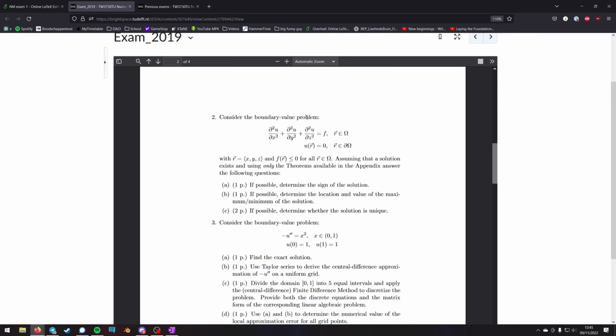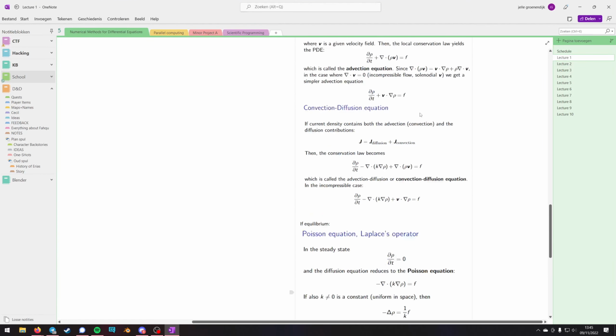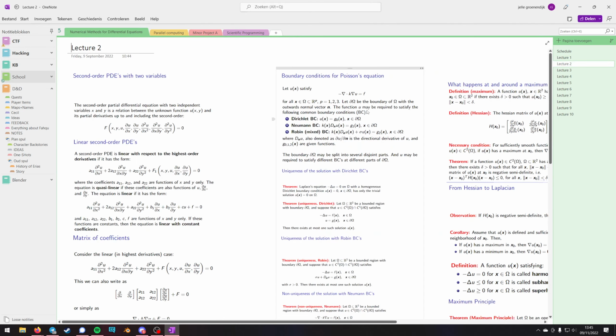So this has to do with thing 1, which honestly I have long forgotten. So I'm just gonna be sneaky. I'm gonna lie and cheat and just look at my notes.